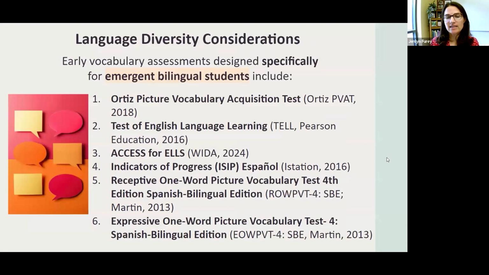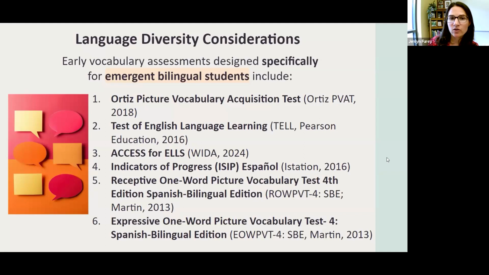So here I have listed some early vocabulary assessments that are specifically designed for emergent bilingual students. The first 3 that are listed measure English proficiency, including vocabulary, and you're comparing the students' results to other emergent bilingual students.